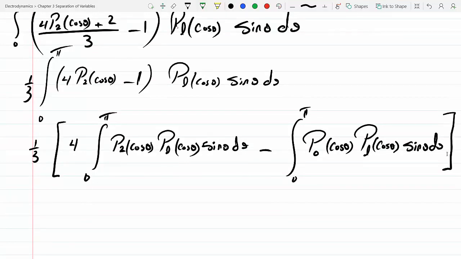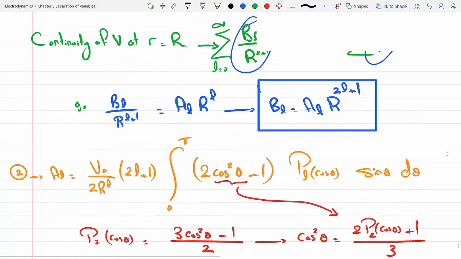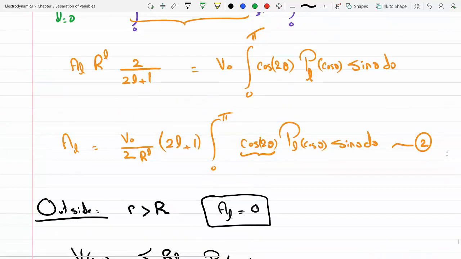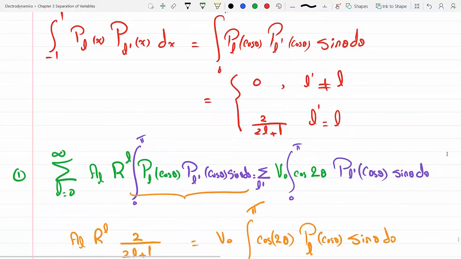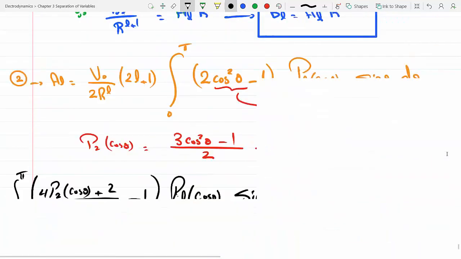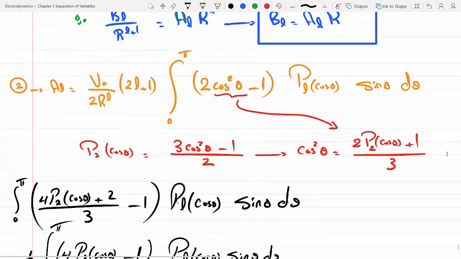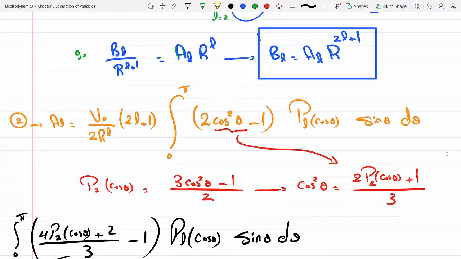Okay, good, we're close. Now remember, back to the orthogonality conditions. This integral vanishes except when L prime and L are the same.